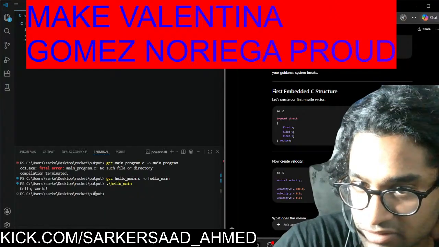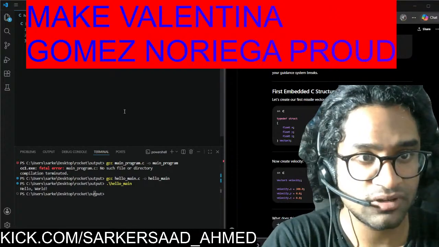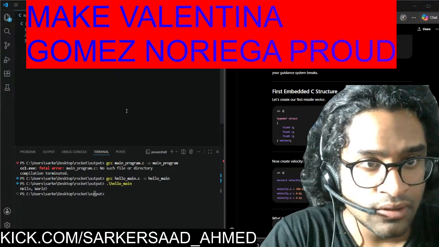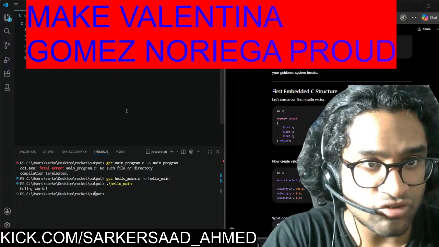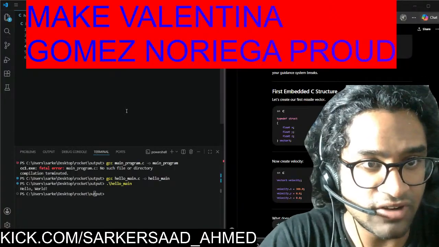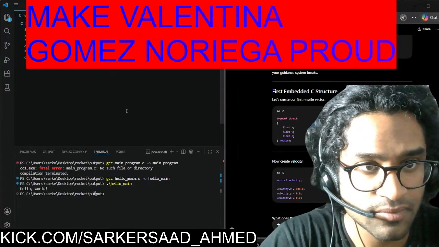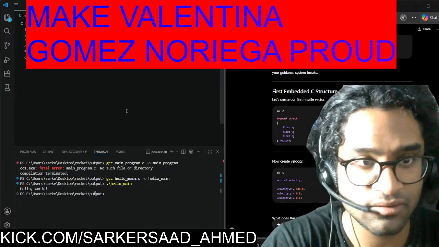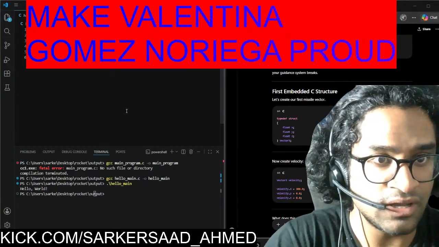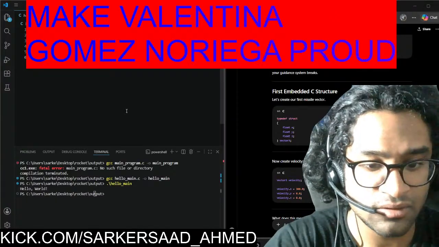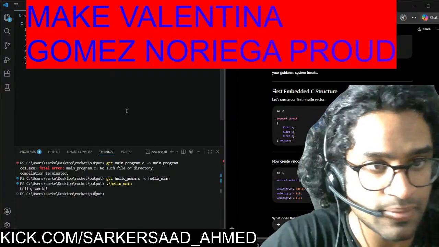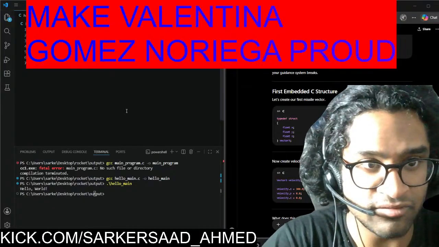Now create the velocity. You're going to write typedef struct, and then we're going to create three members: float x, float y, and float z. Nope, this will be Vector3.